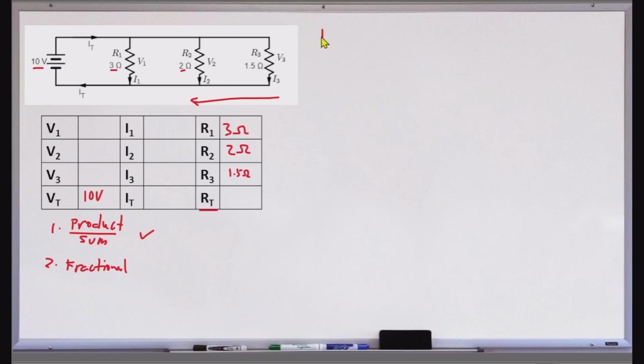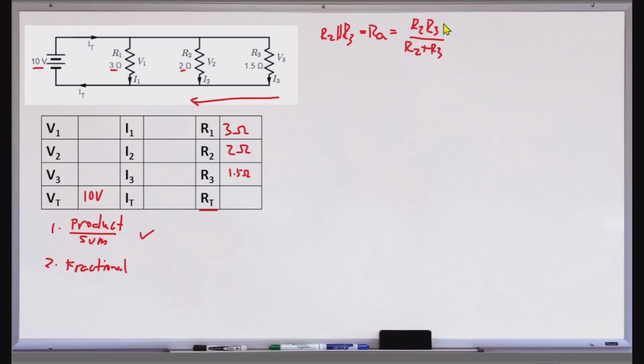Since R2 is parallel with R3, we can call it, let's say, R sub A. Again, I will be using the product over sum method. So R sub A is equal to R2 multiplied by R3 all over R2 plus R3.